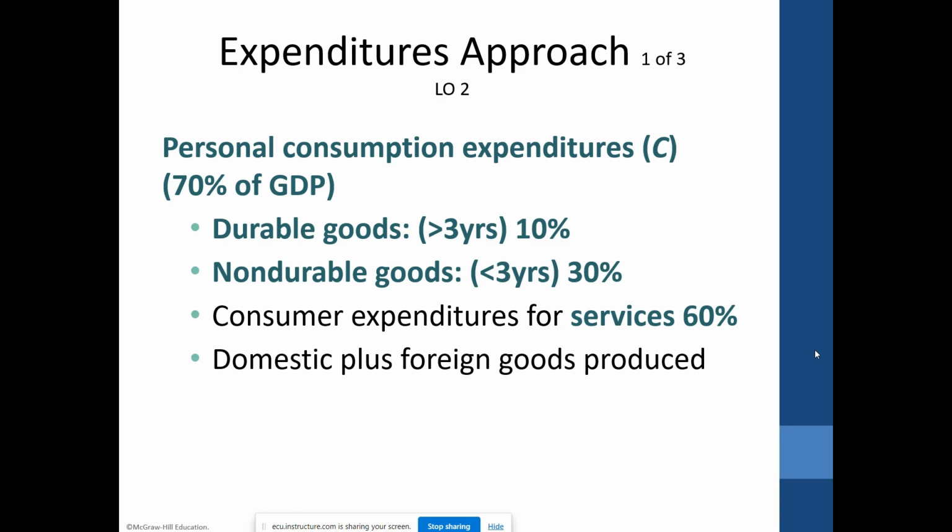It includes expenditure on domestic and foreign goods as long as U.S. residents purchase them. Personal consumption expenditures account for 70% of GDP.